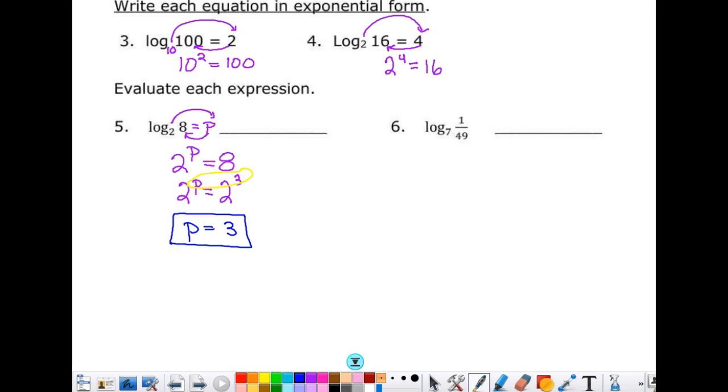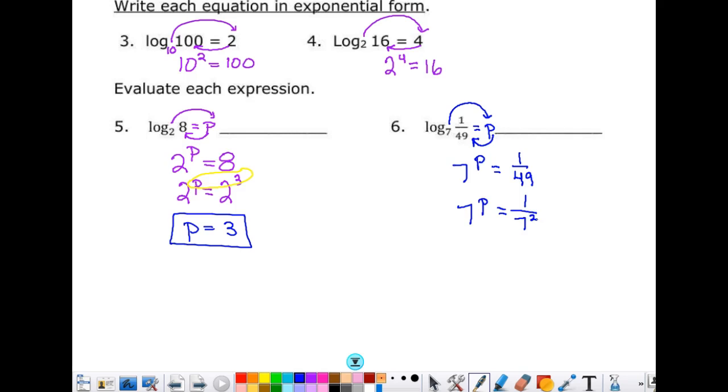So here, we're going to do the same thing again. We're going to say equals p. So then we're going to change it to an exponent. 7 to the p power equals 1 over 49. I've got to get my 49 to be a 7, right? There's your clue. So 7 to the p power equals, what's 49? 7 squared. But that's still not quite good enough, is it?